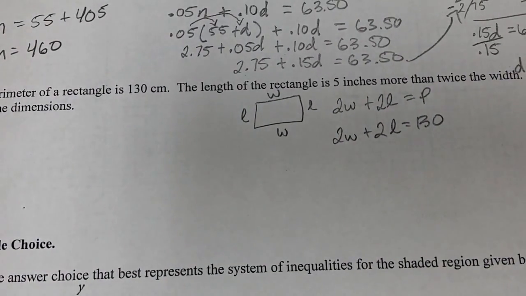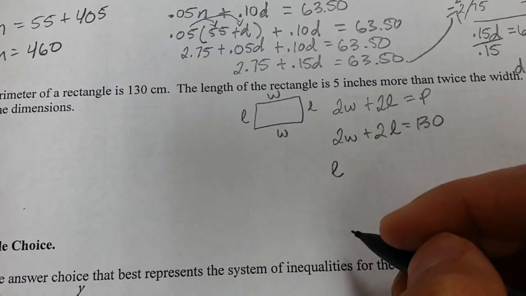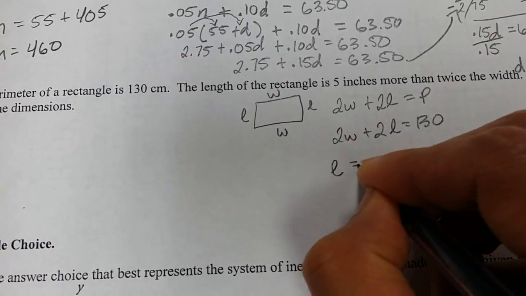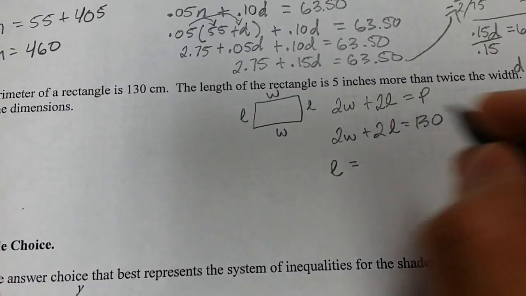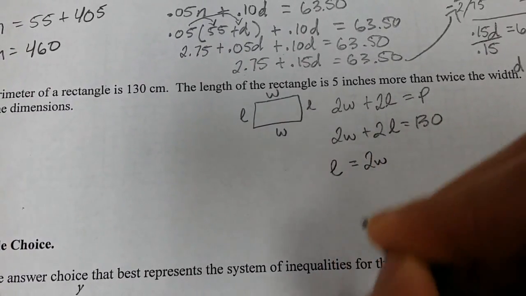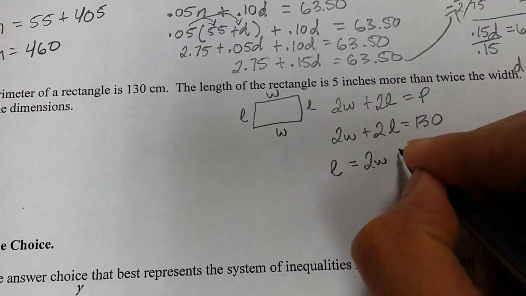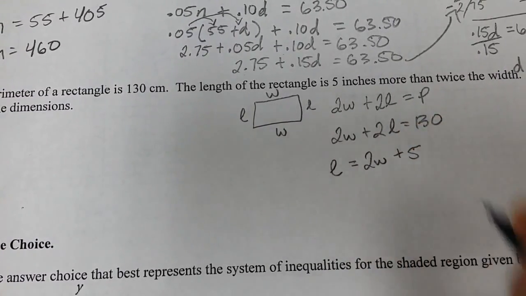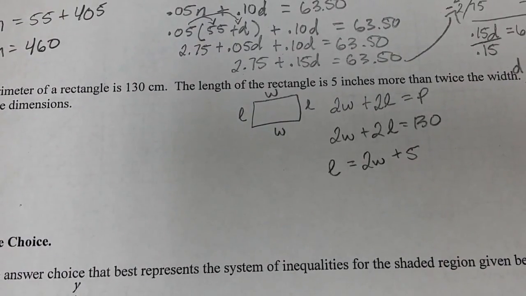So that's my first equation. I have 2W plus 2L equals 130. Now the second equation says that the length of the rectangle is 5 inches more than twice the width. So twice the width is 2 times W, and 5 inches more is plus 5. So now once again we're going to solve by substitution, right?